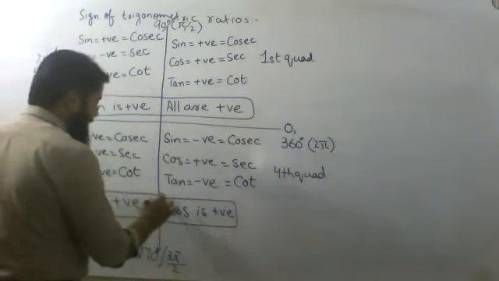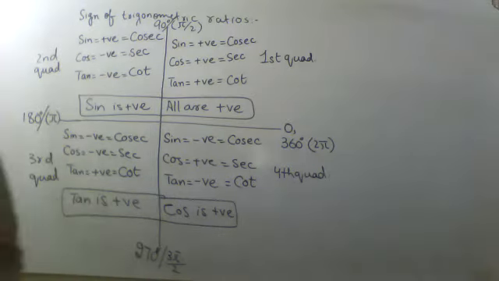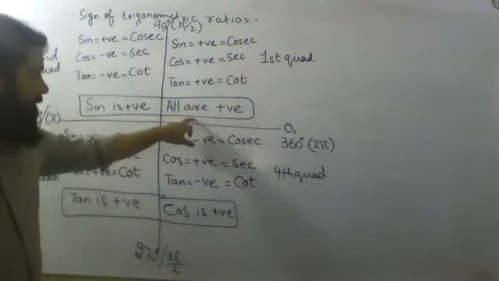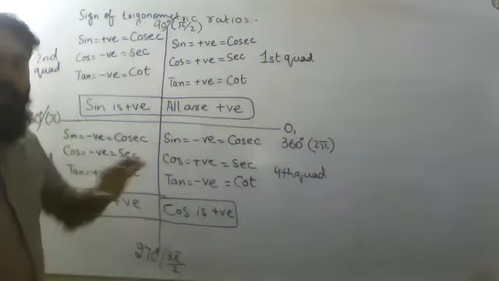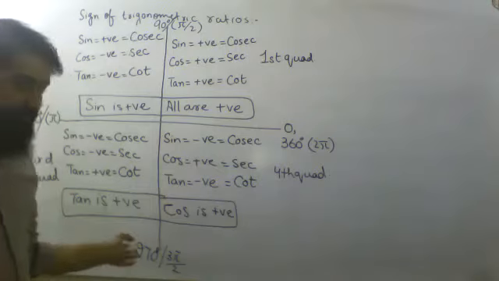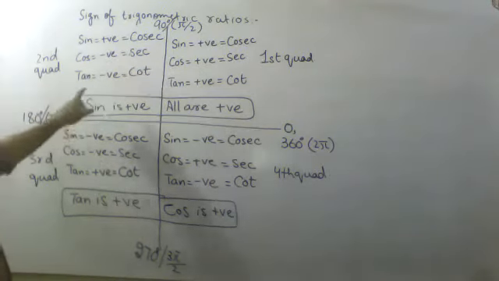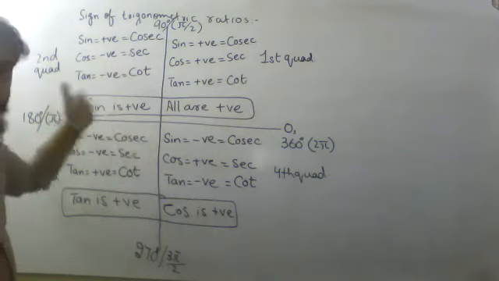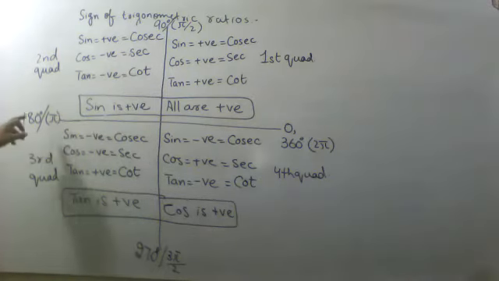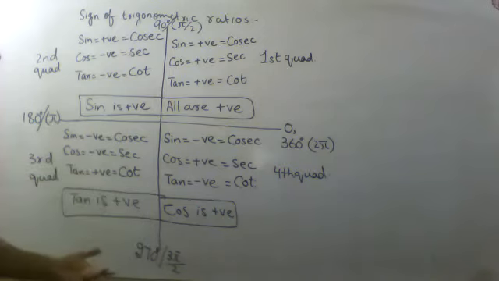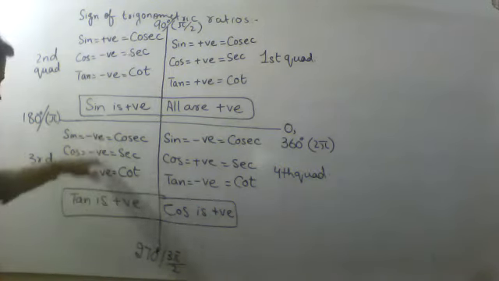This is the relation which you have to remember. In the first quadrant, from 0 to 90 degree, everything is positive. Then from 90 to 180, only sine is positive along with its reciprocal. In the third quadrant, from 180 to 270, or pi to 3 pi over 2, tangent will be positive along with its reciprocal, and the rest will be negative.